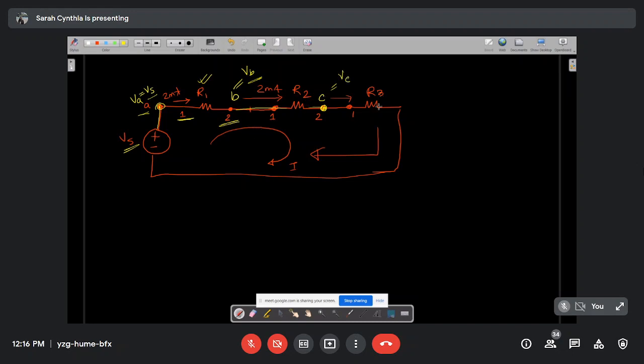Similarly, that goes on for R3 and R4 if other components are also connected. So every component will have a certain voltage drop across it, which is why the voltage after each of those components will be different. That is, the nodes will be different.